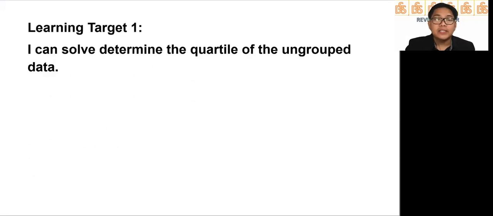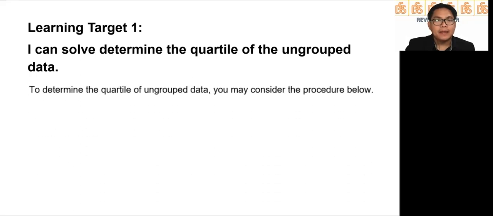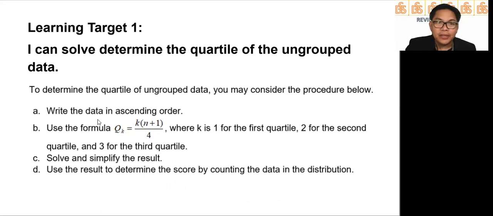And for today, this is your learning target. I can determine the quartile of the ungrouped data. To determine the quartile of ungrouped data, you may consider the procedure below. Letter A, write the data in ascending order. Use the formula where K is 1 for the first quartile, 2 for the second quartile, and 3 for the third quartile.